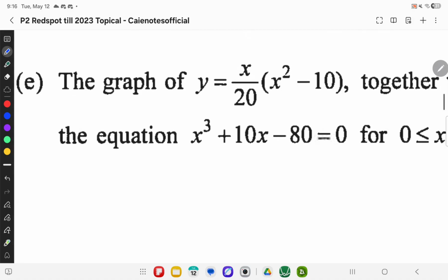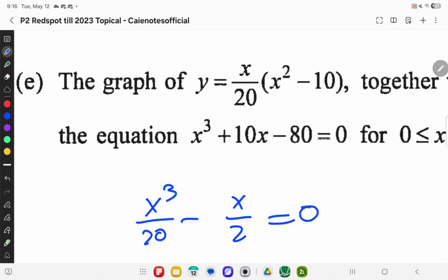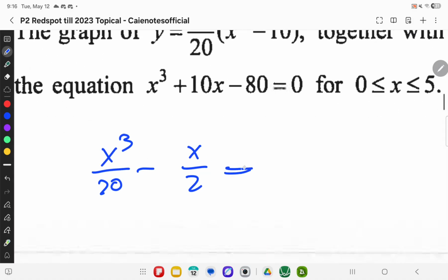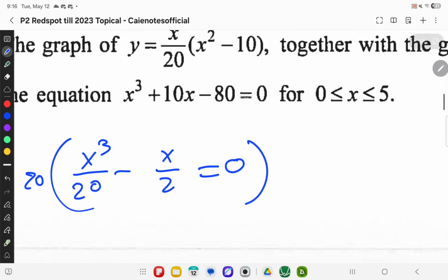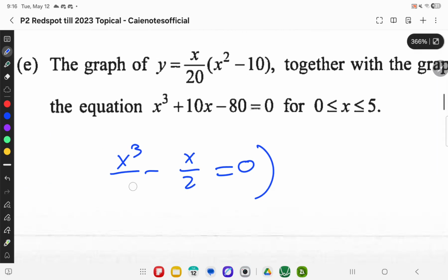And let's expand this first. This will be x cubed all over 20 minus x over 2 is equal to some value. Now here we have no 1 as here, so we will multiply by 20 and get x cubed minus 10x is equal to 0.